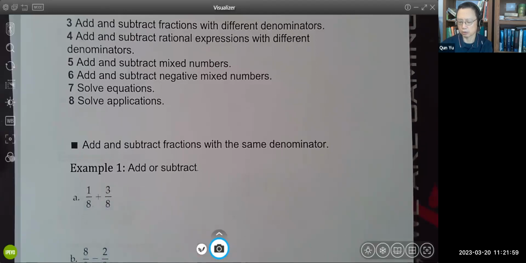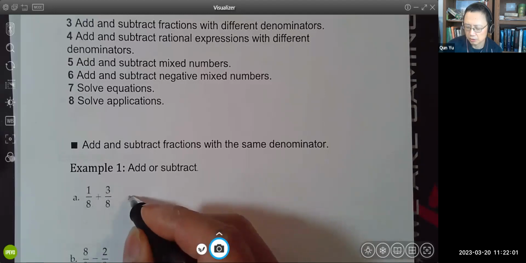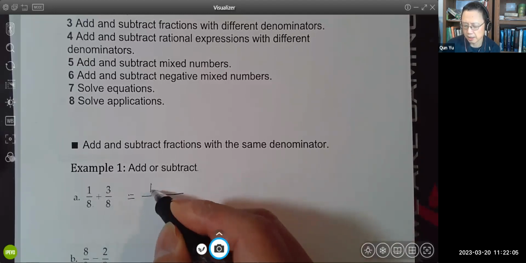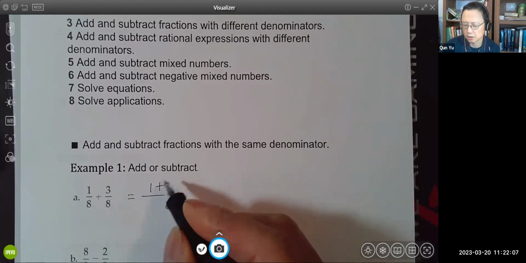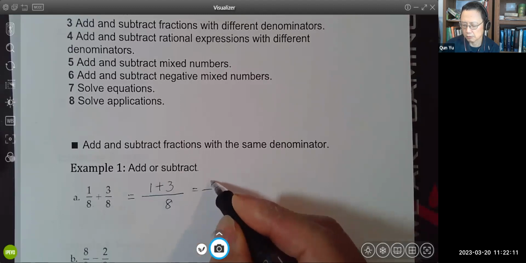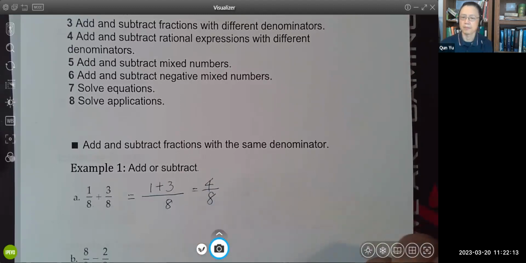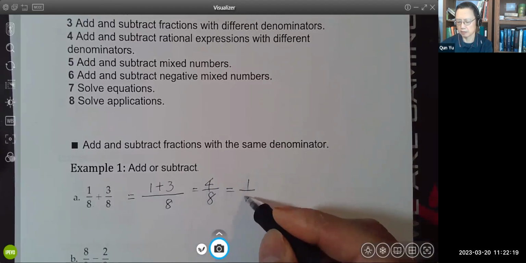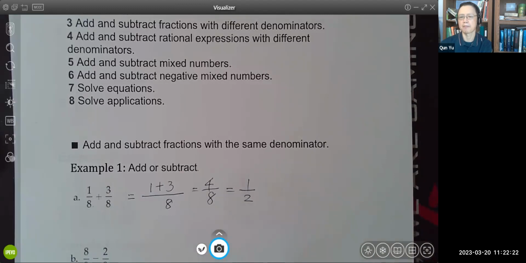So you keep the denominator unchanged, just add or subtract using numerators. So this is 4s. And we always simplify our answer. So both sides can be divided by 4. We get 1/2. So this makes sense, right?